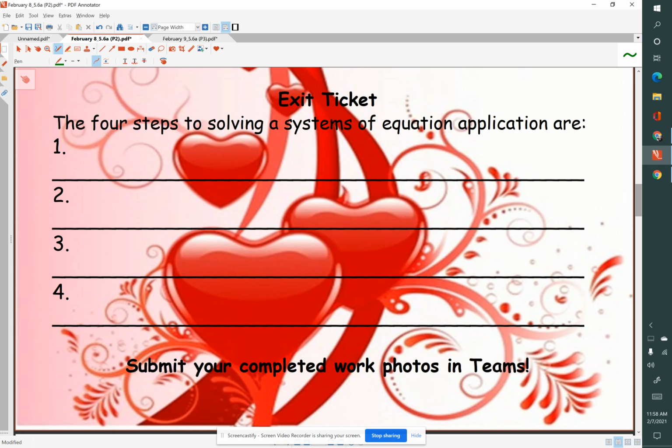So the first thing is to define our variables. The second thing is to write a system of equations using the information given.